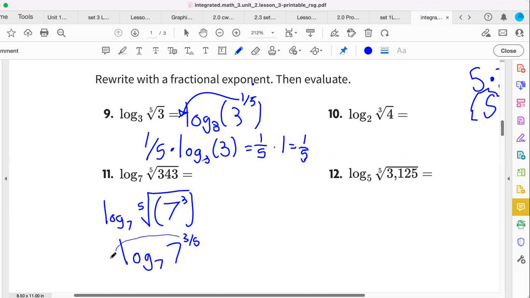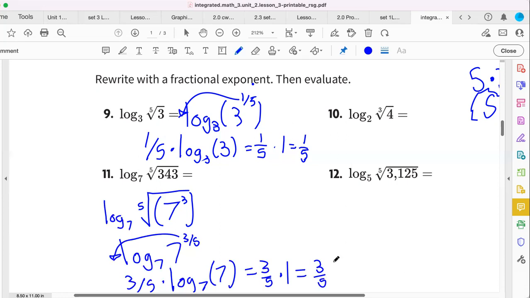Your exponent of 3/5 can pop to the front. So this is really 3/5 times log base 7 with argument 7. Base matches the argument. So this is really just 3/5 times 1. So your answer here is 3/5. Capiche? Makes sense? Sound good?